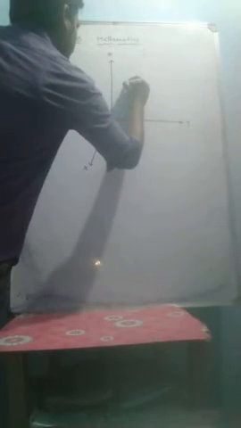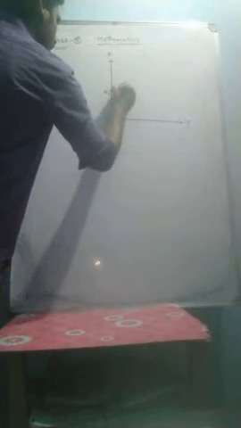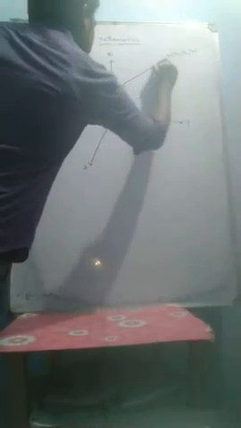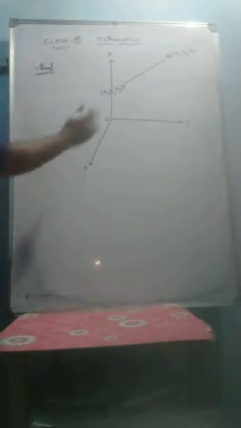Okay. This is point P, with coordinates x1, y1, z1. This is point Q, with coordinates x2, y2, z2. Join them, then we get the PQ line segment.